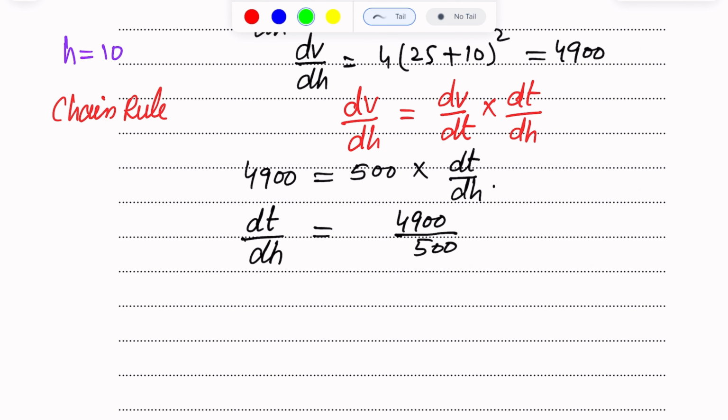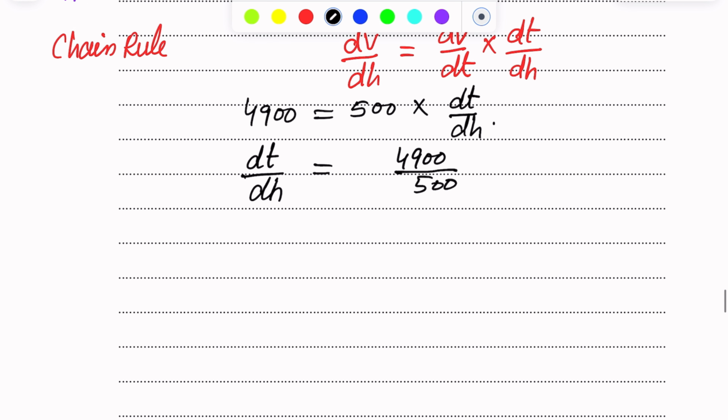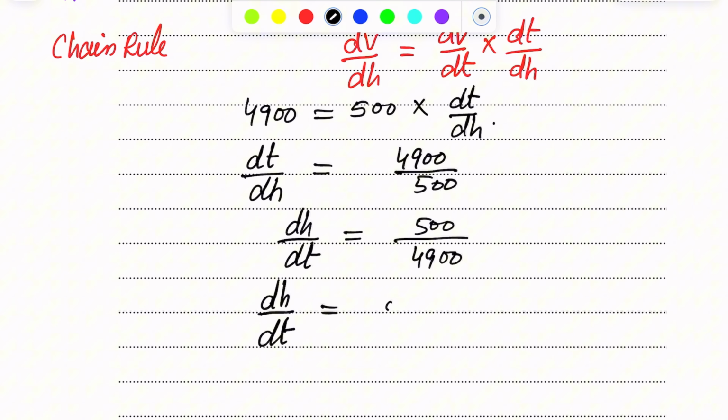So taking the reciprocal, we get dh over dt is 500 over 4900, that is equal to 0.102 correct to 3 significant figures. This is the answer.